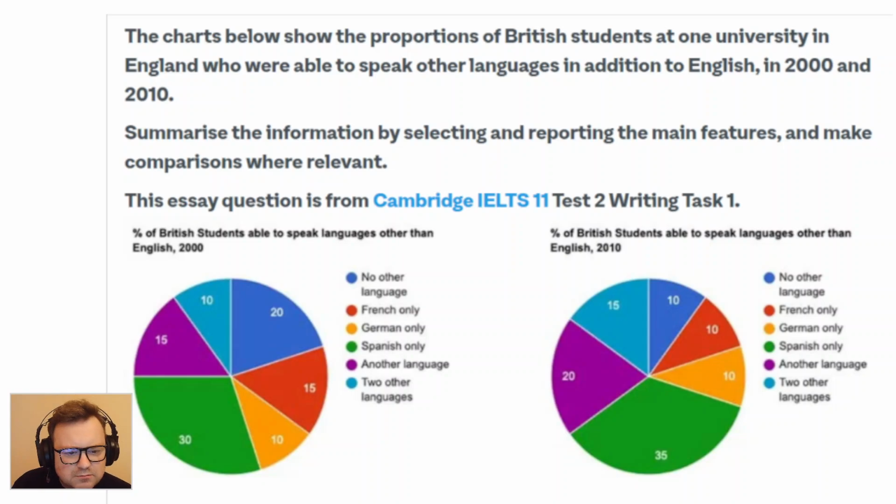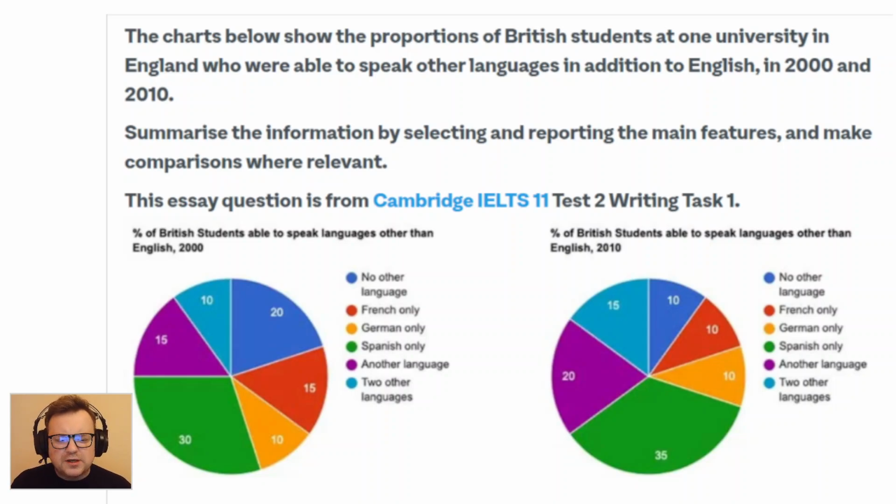Then we had two other languages change from 10 to 15. So it seems that between this period, the British students at this university started learning more languages, it seems.